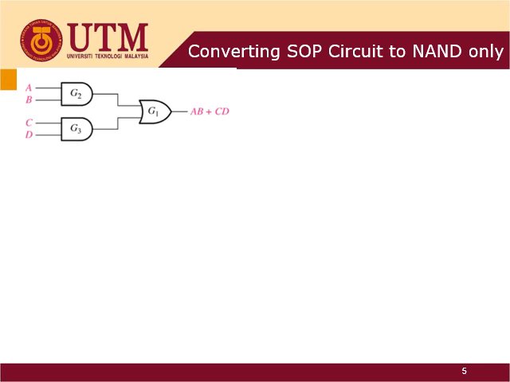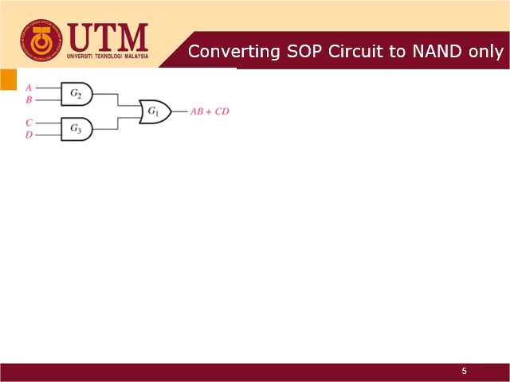So what is this? We are converting SOP circuit to NAND only. In the previous slide, I showed you from NAND gate, using NAND universal gate only, and then I convert it to dual symbol to negative OR.